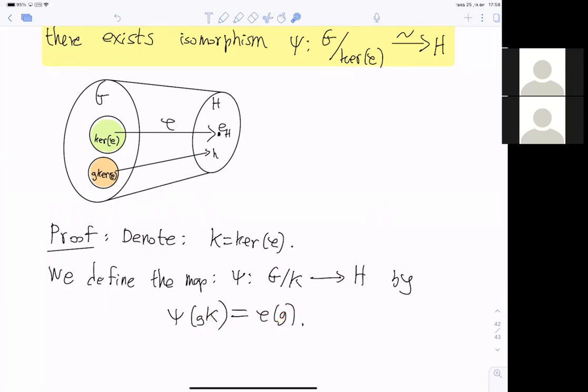I mean, you say that all this class goes to this image, but why are you so sure that it doesn't depend on the choice of the representative? So in other words, we want to show that all representatives in the same class have the same image. So it is well defined.